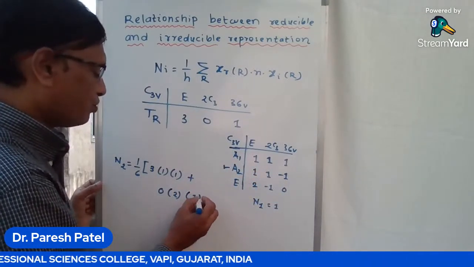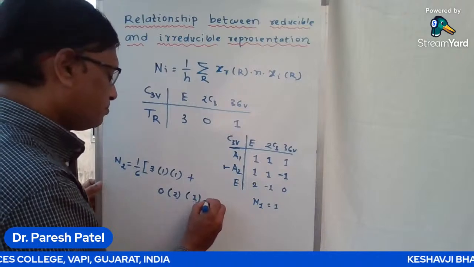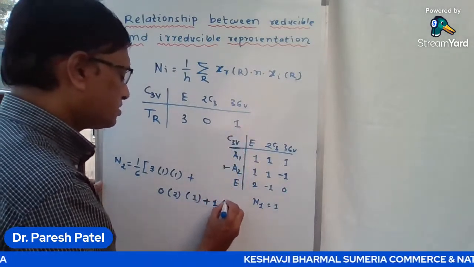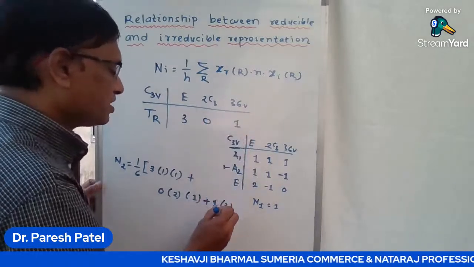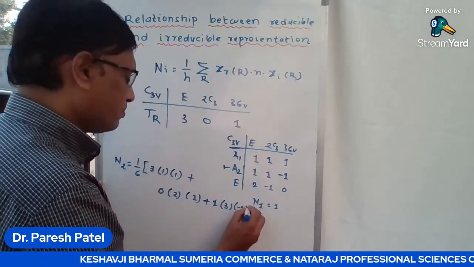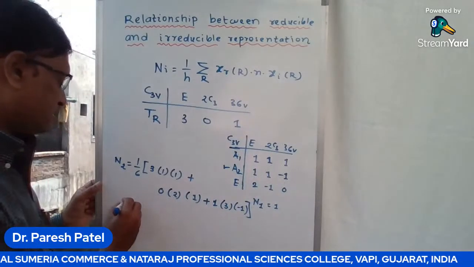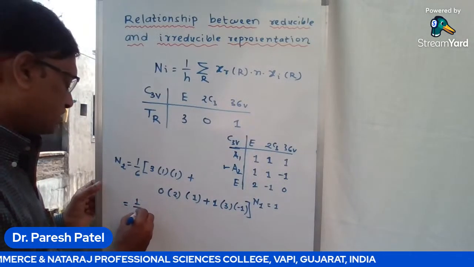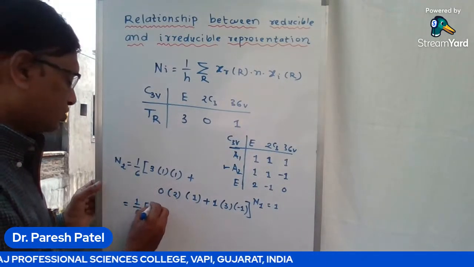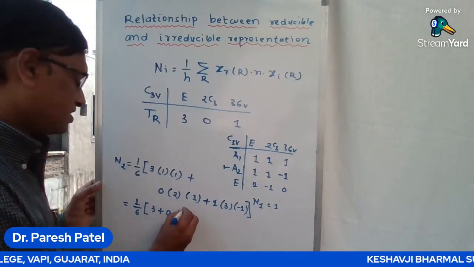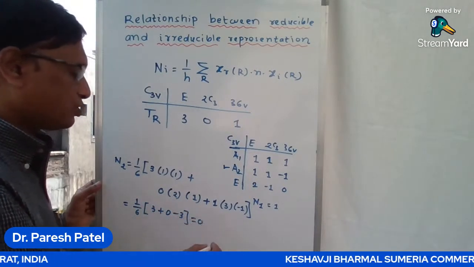Plus 1 is the character for the reducible representation, 3 is the number of that symmetry operation, and minus 1 is the character for that irreducible representation. 1 by 6, 3 plus 0 minus 3. So the value for N2 is equal to 0.